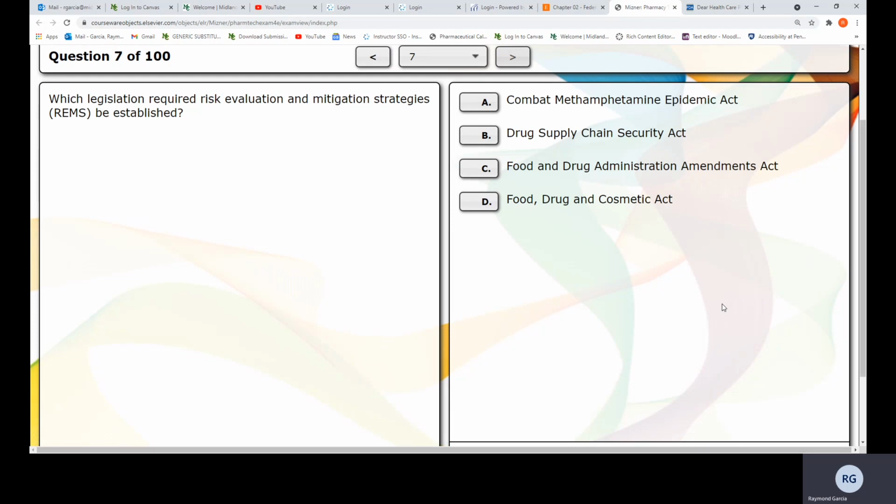Which legislation required risk evaluation and mitigation strategies to be established?